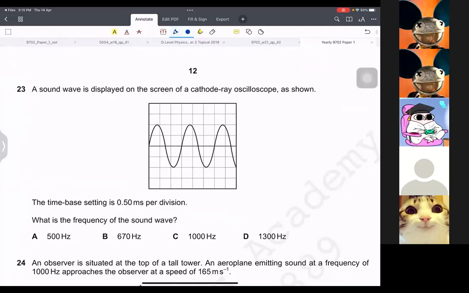Okay, time base per division, what is the frequency? So you see that there are 1, 2, 3, 4, 5, 6, 7, 8 divisions. Let's take the number of waves that are in 2: 1, 2, 3, 4, 5, 6. So there are 6 divisions for 2 waves, which means 1 wave is equal to 3 divisions, right?